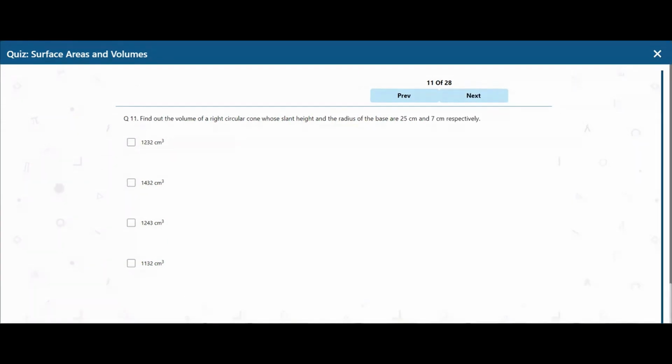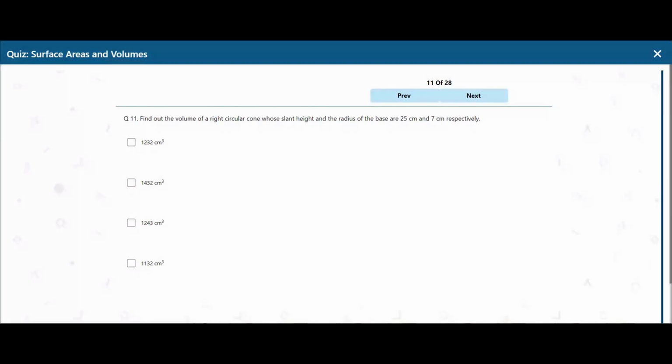Pawan, find out the volume of a right circular cone whose slant height and radius of the base are 25 and 7. So first you have to find h. No, L is 25, r is 7.